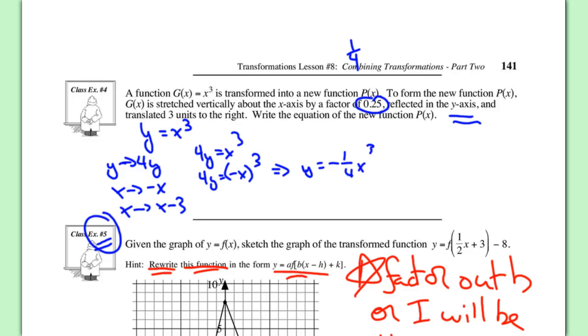Lastly, as you change x to x minus 3, you're going to end up with y equals minus 1/4 bracket x minus 3 cubed.